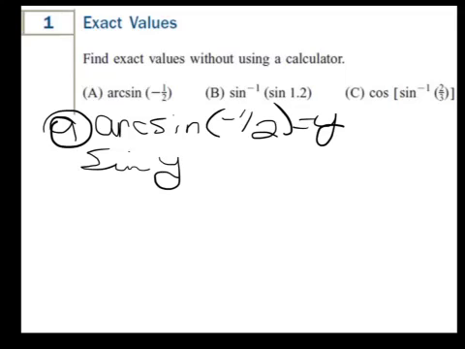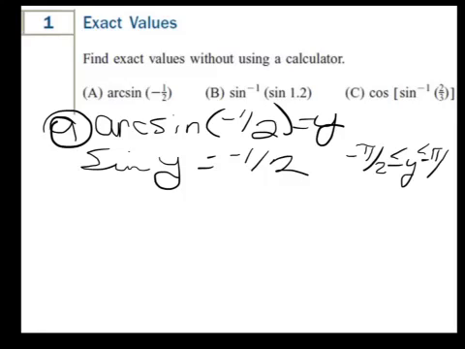The sine of y equals -1/2. What we have to consider is, we're talking about y, and y is for arc sine, -pi/2 less than or equal to y less than or equal to pi/2. We've got to make sure that -1/2 is within that range.